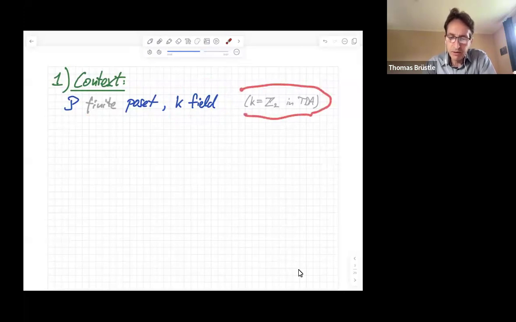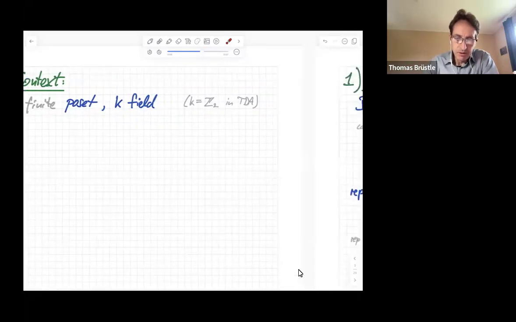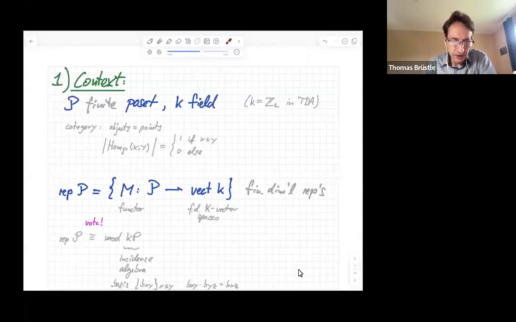In topological data analysis, they like to study representations over the field with two elements because then you can easily implement it on a computer. So any poset over any field.